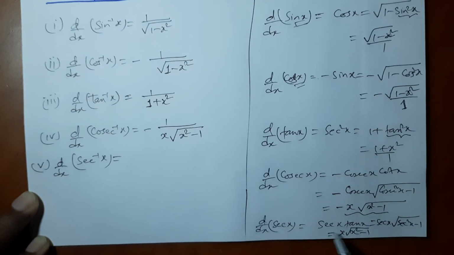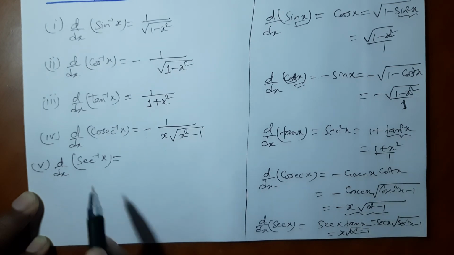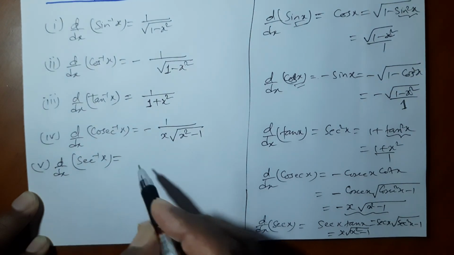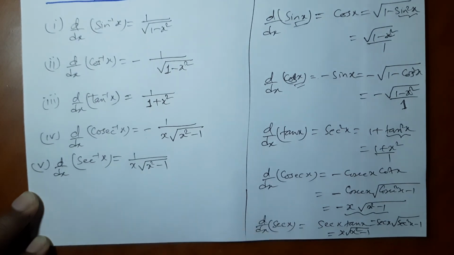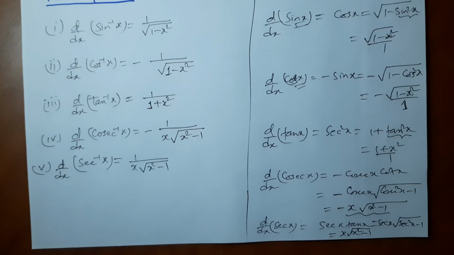From the sec x derivative we got x times root over x square minus 1, but we need sec inverse x, inverse means just opposite, so 1 over x times root over x square minus 1. Okay, so in this way sec inverse x derivative also we have written.